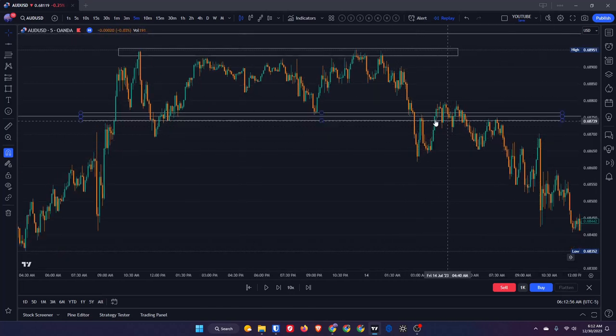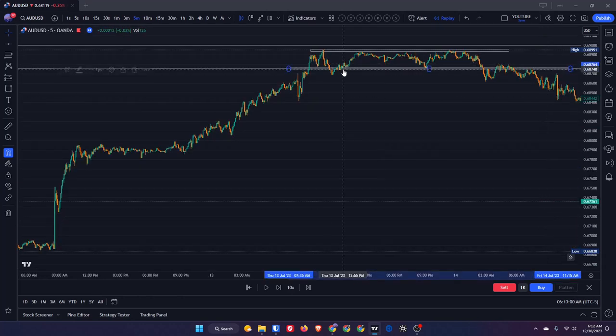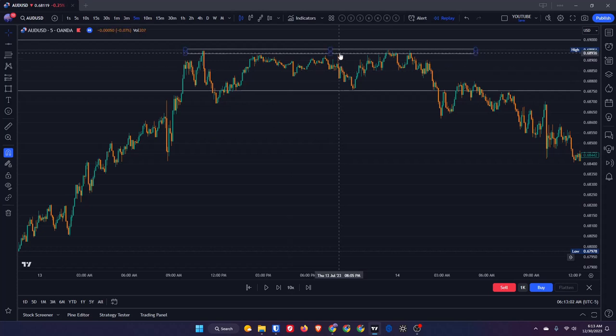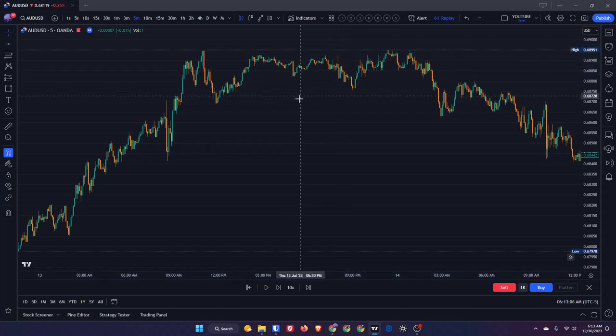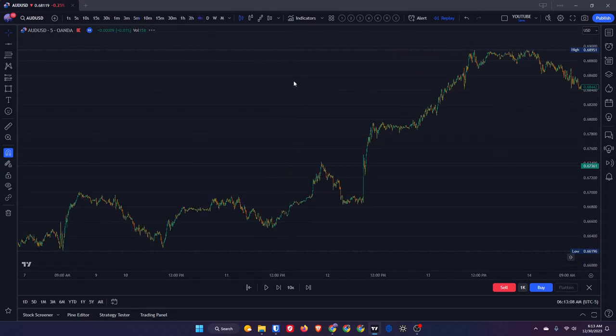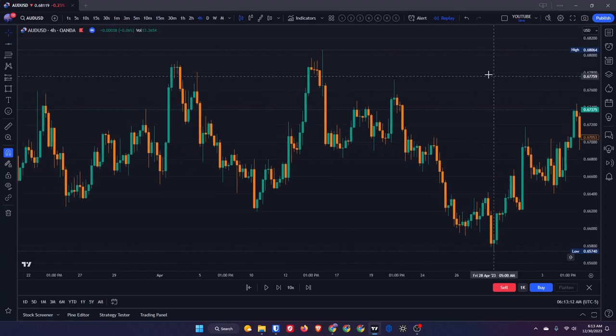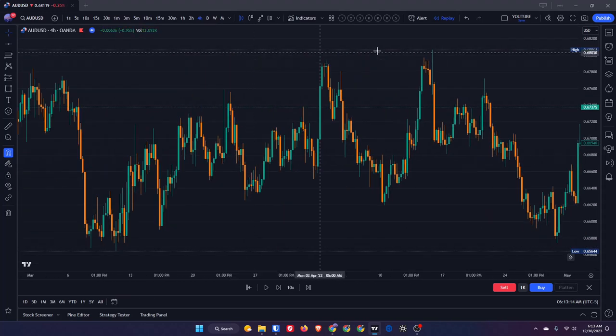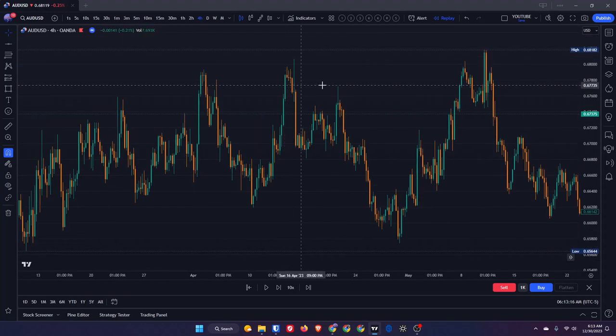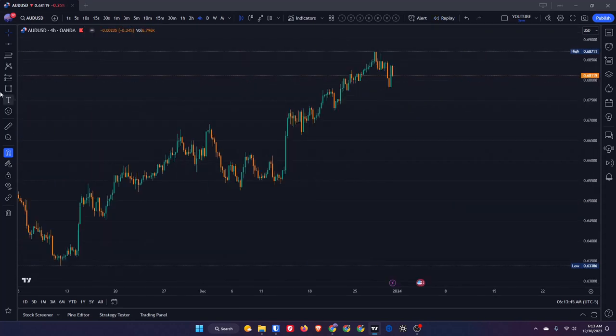And then it came down, used the support level as a resistance level, and then kept selling off. So that's how you can break it down on multiple time frames. And you should always break it down on multiple time frames. You should never use it just on one time frame. Use it on as many time frames as possible that give you confidence that you are right, that it's going to break a support or resistance level.